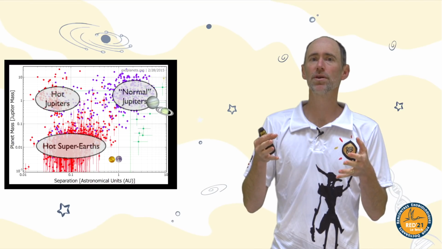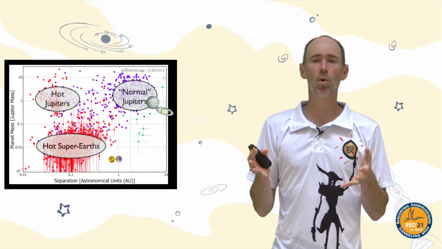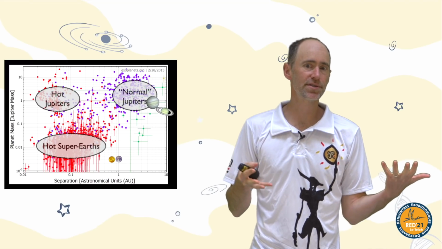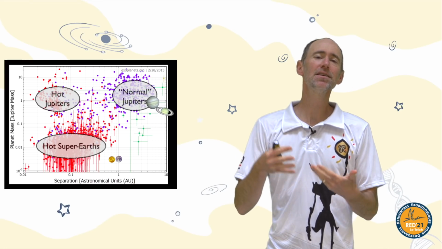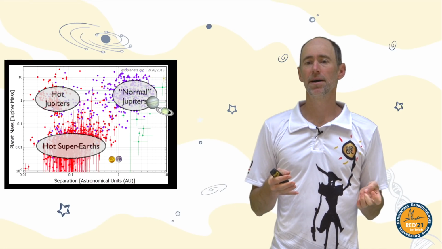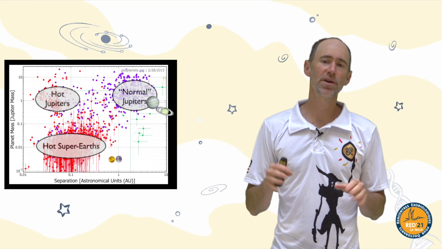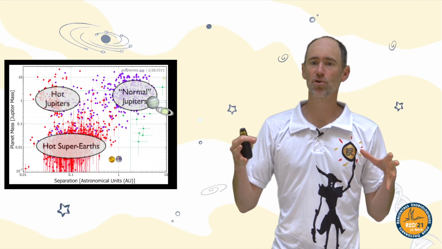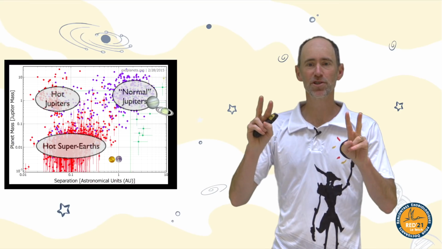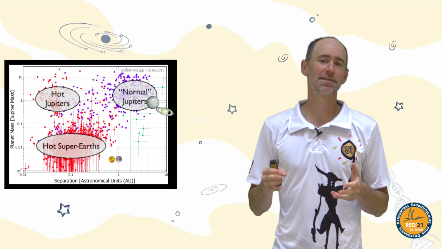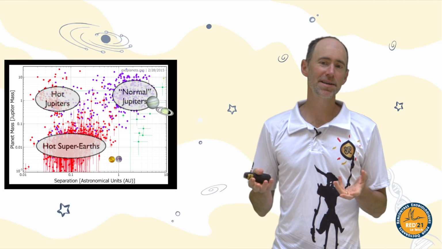So they're clearly a really important category of planetary system, and one that we don't have in our own solar system. They tend to be planets that are a little bit bigger than Earth, up to say 3 or 4 times the size of Earth. And that's where the super comes from, just being slightly bigger than Earth. Although it kind of makes it sound funny, that super part, but I don't know.